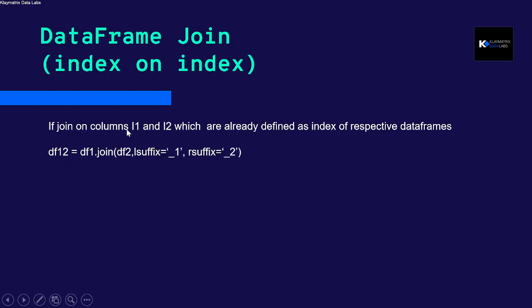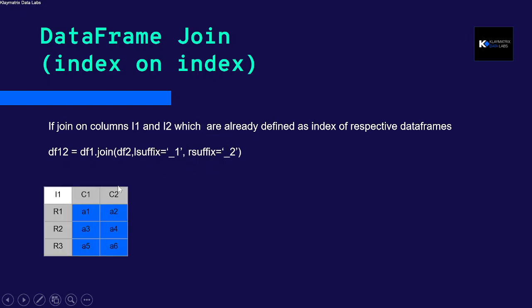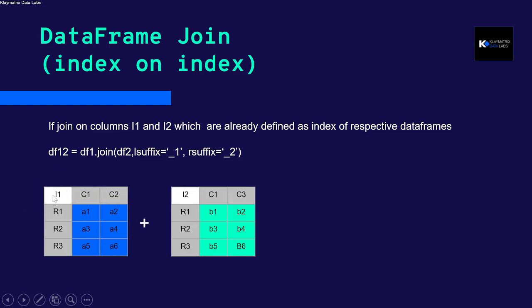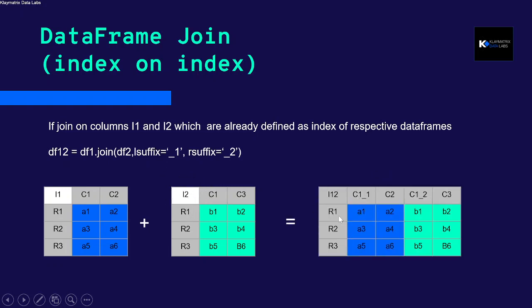So if you're joining on column I1 and I2, which are basically index columns in respective data frames, then you will say df1 is equal to df1 dot join df2 L suffix, R suffix, right? So basically we are saying take this data frame which has index I1 column and join it with the other data frame which has index I2, and then we get the final output like this, right?